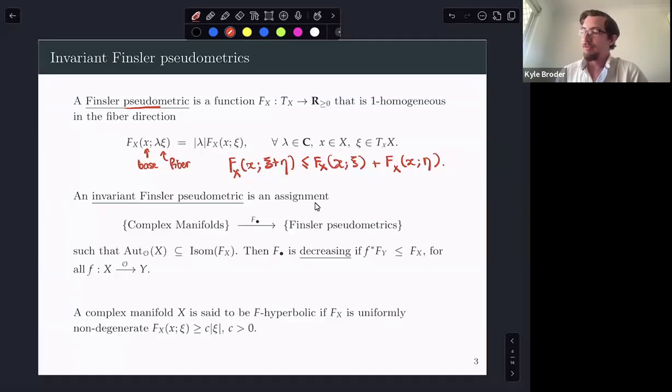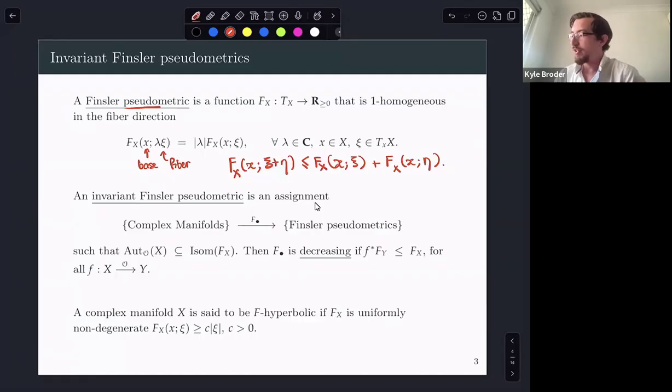Now, an invariant Finsler pseudometric is an assignment to each complex manifold of a Finsler pseudometric, such that the automorphism group of the manifold is contained in the isometries of the Finsler metric. We will also say that an invariant Finsler pseudometric is decreasing if holomorphic mappings are Lipschitz with respect to this.